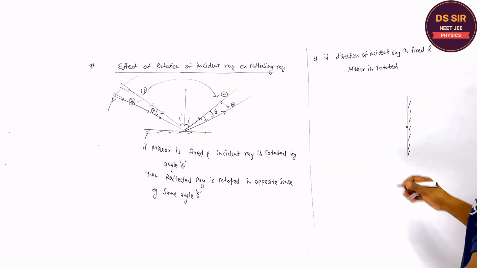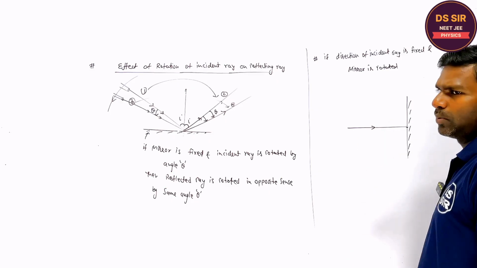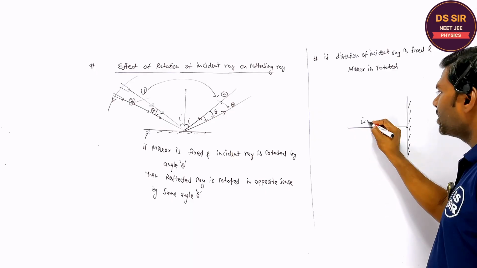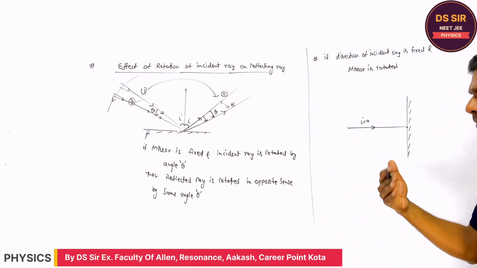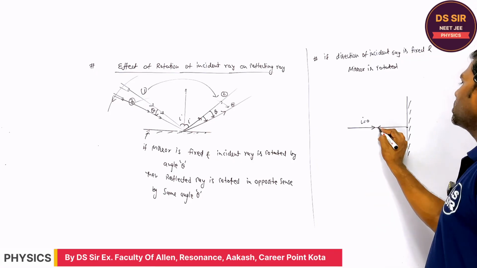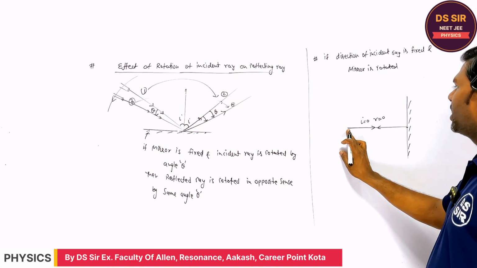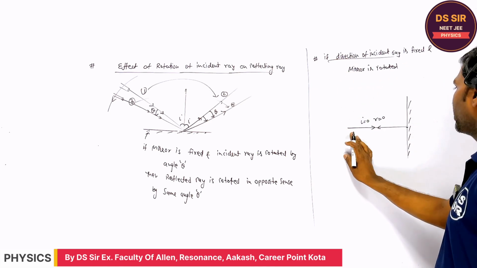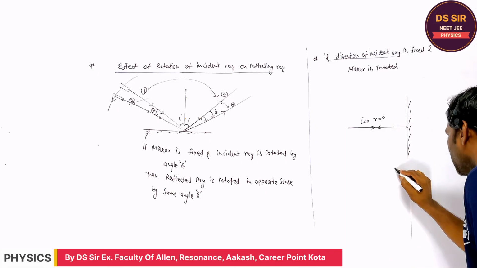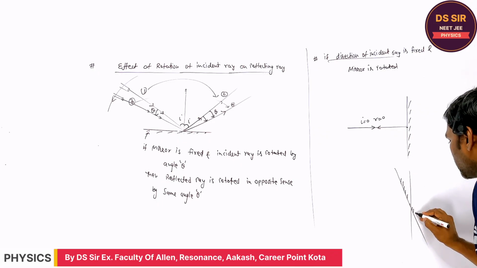So initially, suppose the light ray is incident normally. For example, what is the incident angle here? Say the incident angle is 0 degree. Normally students think initially it is 90 degree. So what is the r value? Say 0. But the direction of the incident ray is fixed. Now if you rotate this mirror by angle theta like this, is it clear or not?